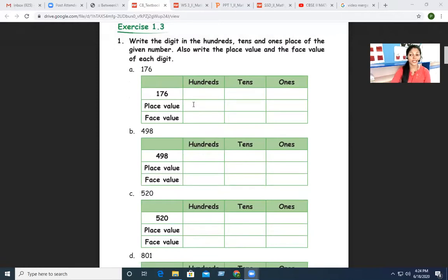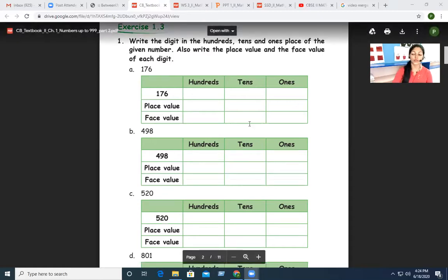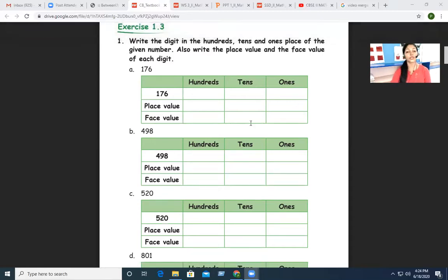It is in hundreds place. 1 in the hundreds place will be 100. 7 in the tens place will be 70. And 6 in the ones place will be 6. That is the place value. When it comes to face value, you're only going to write the number in its place. In hundreds place you have 1, tens place you have 7, and ones place you have 6. Is it clear how to do?